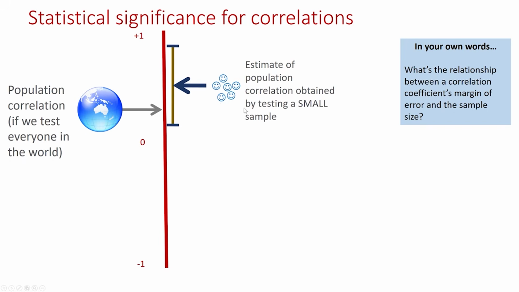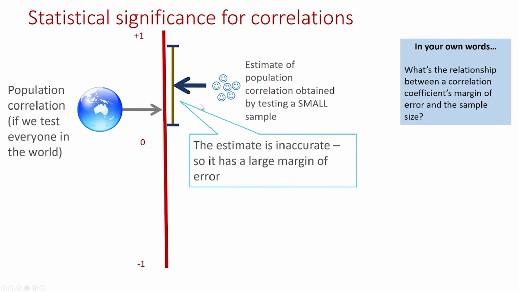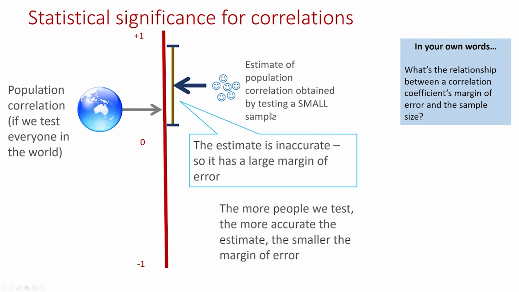And the thing with a small sample is that it's quite inaccurate. That is, we get quite a big margin of error associated with it. So that estimate is inaccurate, it's got a large margin of error. And the more people we test, the more accurate the estimate, therefore the smaller the margin of error.